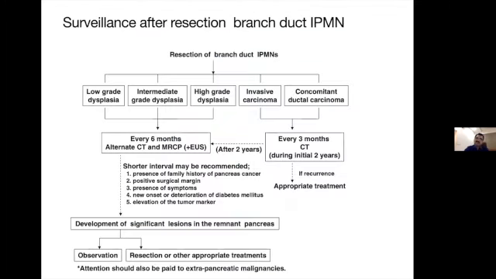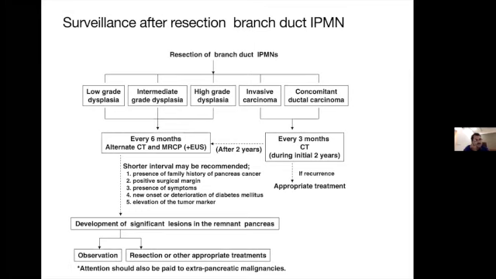Even after branch duct IPMN resection, you need to do the surveillance strategy, because the malignancy developing in branch duct IPMN and main duct IPMN has almost the same characteristics as adenocarcinoma of the pancreas. After resection, the remaining pancreas may develop cysts, or they may develop adenocarcinoma.